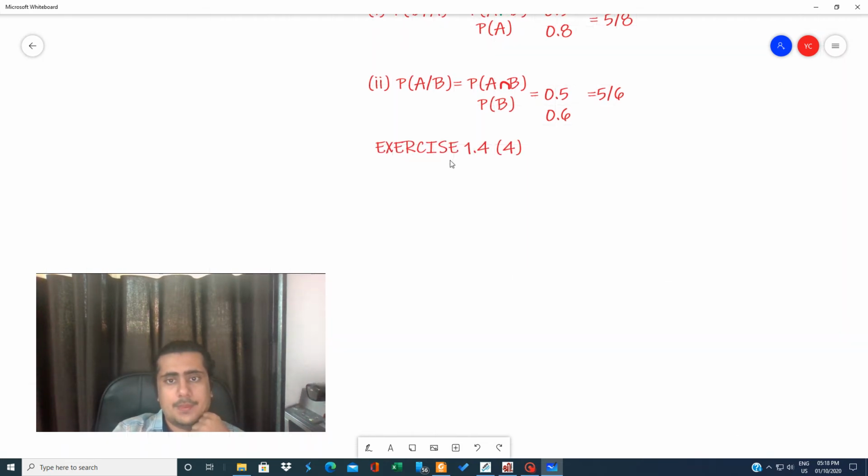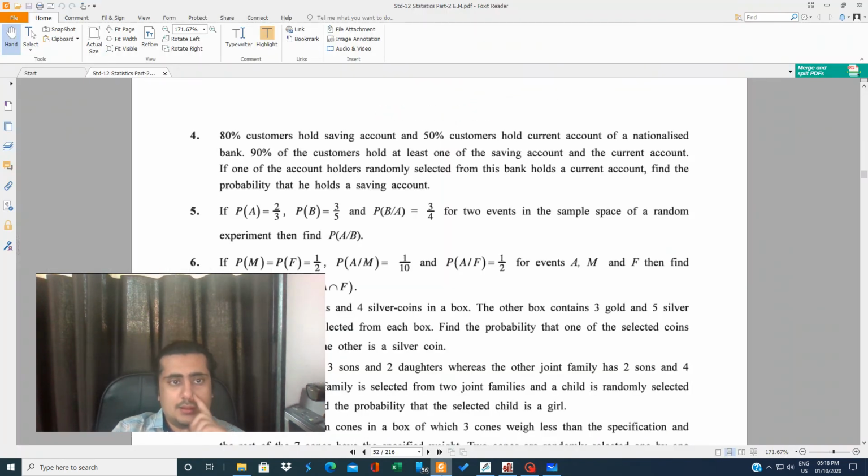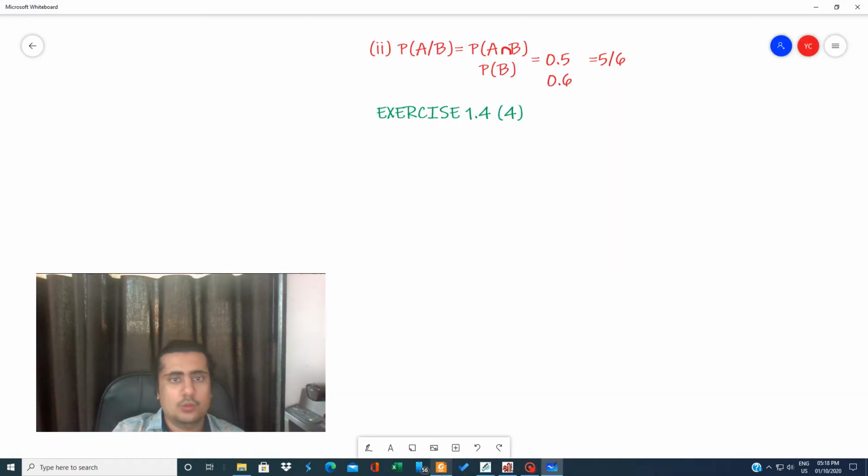Okay, let's change the font color. As I told you, 80% of customers hold a saving account.